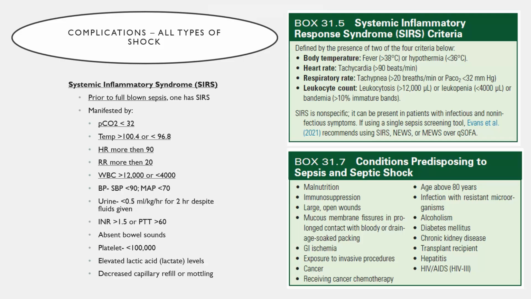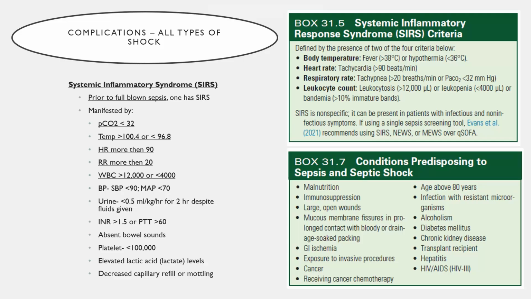They have a temp greater than 100.4 or less than 96.8. Their heart rate is more than 90. They become tachycardic. Respiratory rate greater than 20. They're tachypneic. White blood cells greater than 12,000 or less than 4,000. Your blood pressure is systolic less than 90.